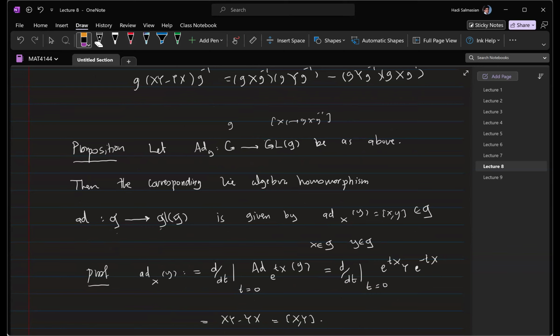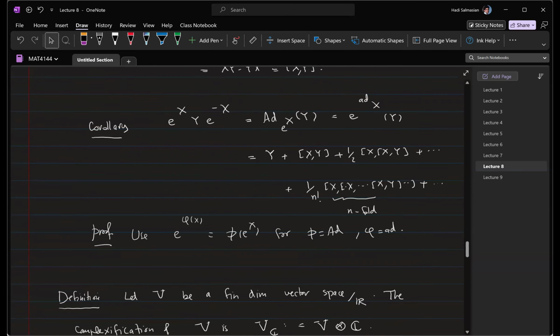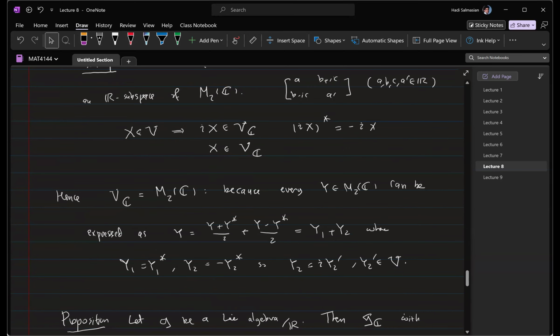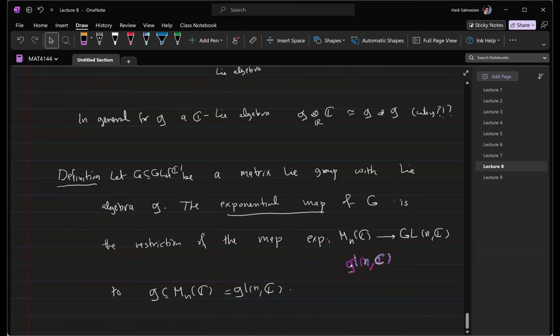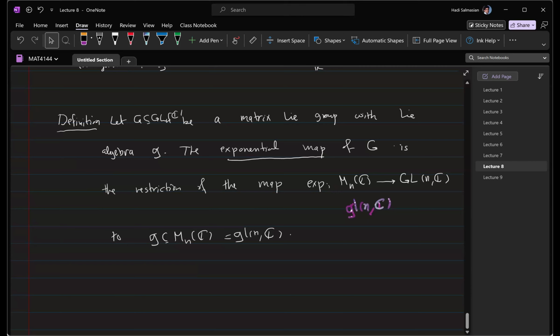So then we learned that this derivative is basically just a bracket. And then we talked a little bit about complexifications. And in the end, I gave the definition of, I'm sorry, the exponential, not the Lie algebra, but the exponential map.